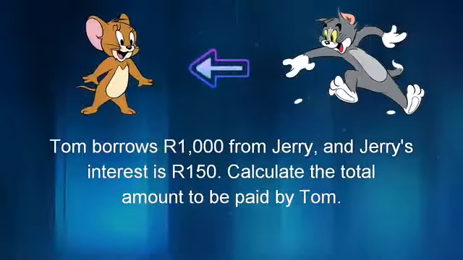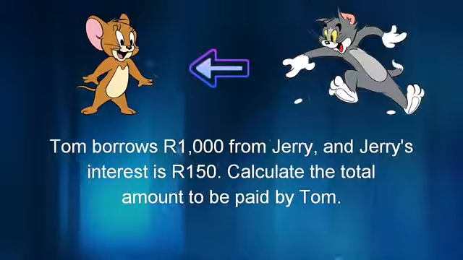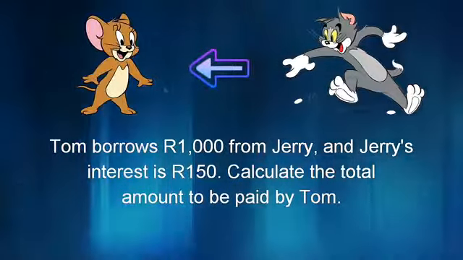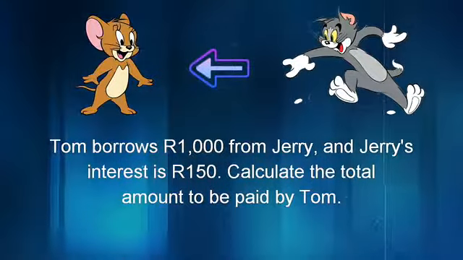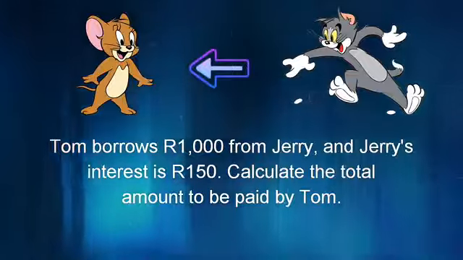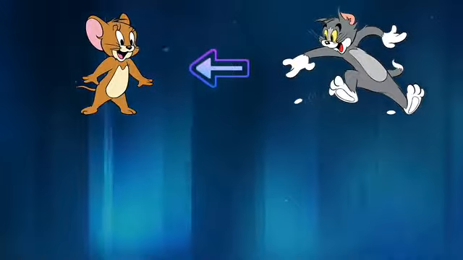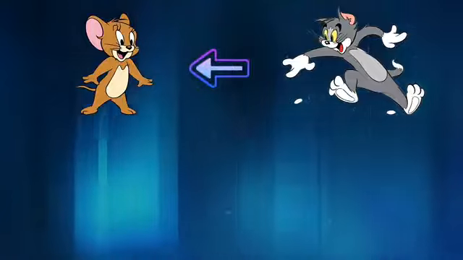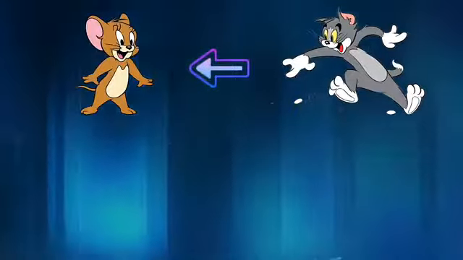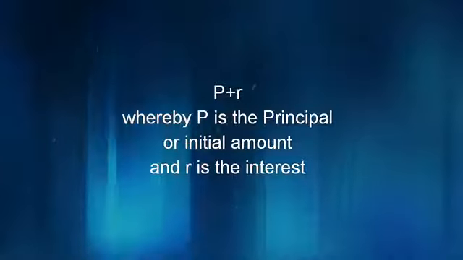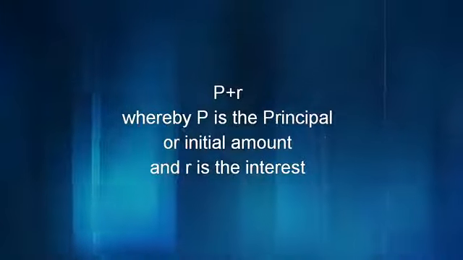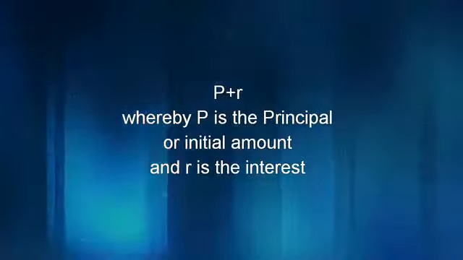Today's examples. Example 1 states, Tom borrows 1,000 rands from Jerry and Jerry's interest is 150 rands. Calculate the total amount to be paid by Tom. Okay, so here first of all we know the formula that we use to calculate the amount to be paid is P plus R, which is the initial amount borrowed plus the interest fee.